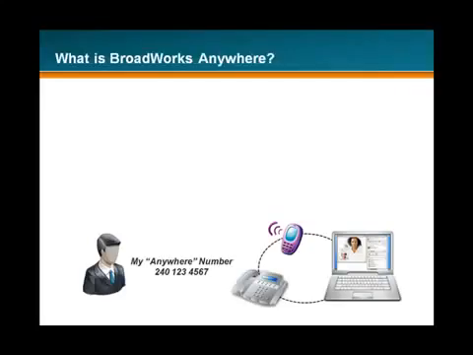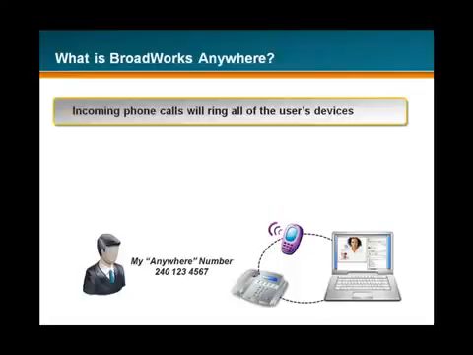What is BroadWorks Anywhere? BroadWorks Anywhere is a simple-to-deploy solution that enables workers to easily manage multiple communication devices. With BroadWorks Anywhere, incoming phone calls will ring all of a user's devices at once, including mobile phones, desk phones, soft clients, and even video devices, so that no matter where the user is, they can pick up the call.